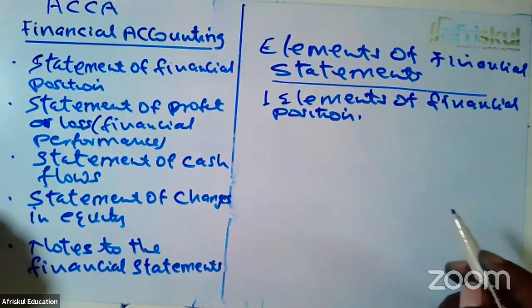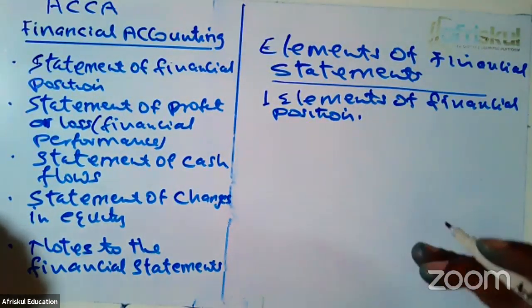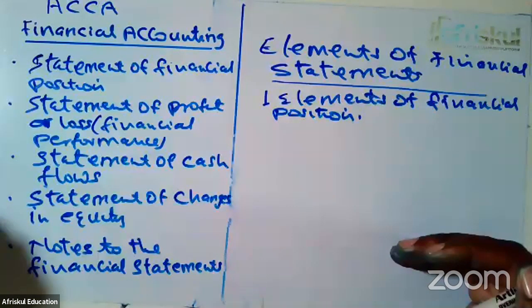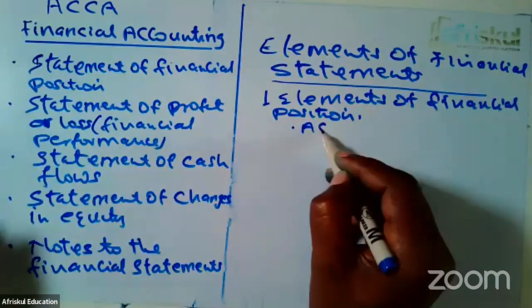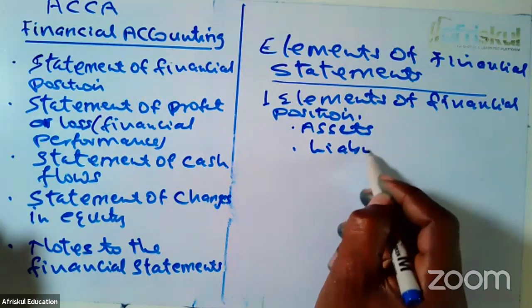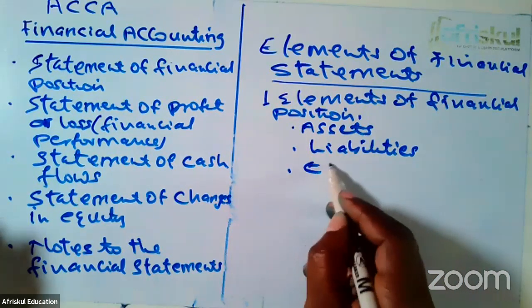These are the elements of information that are used to describe the financial state of the business at a particular moment. They are, in short, used to prepare the statement of financial position. We have here assets, we have liabilities, and we have equity.